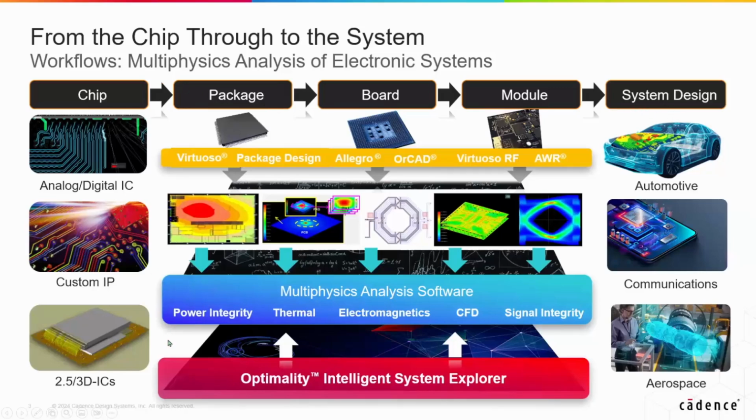While we'll be talking quite a bit today in this area of IC packaging, we certainly want to make sure you understand that we extend into the chip and the printed circuit board, and provide a full level of solution from power, thermal, EM, CFD, signal integrity, and we have our Optimality Intelligent System Explorer, which allows you to use AI/ML technology to truly optimize the design early on in the design process.